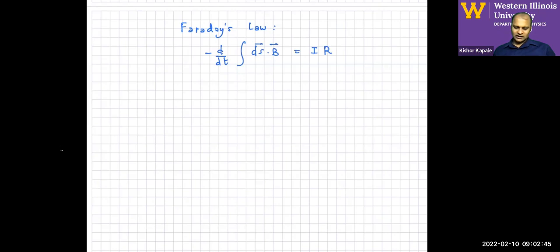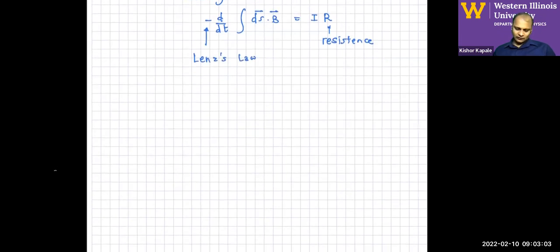And R is just the resistance of that loop. Okay, and all of these things were initially done experimentally, of course, right? And then the negative sign comes from Lenz's law, right? So I can kind of give you a couple of situations here.